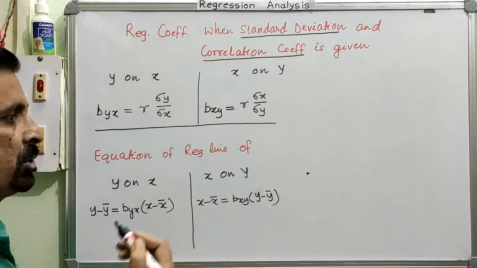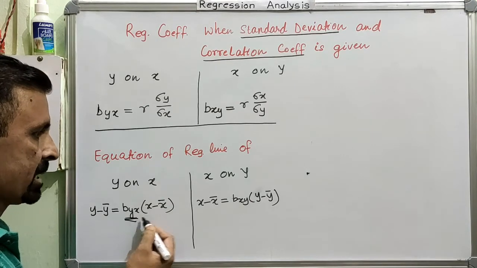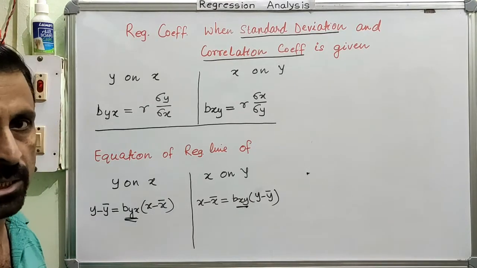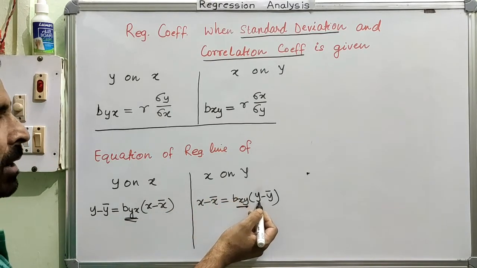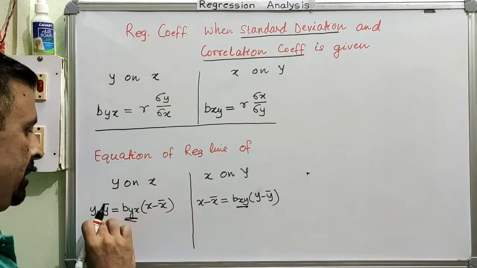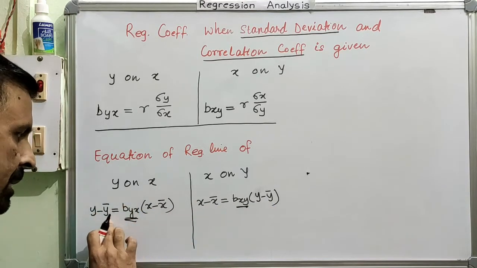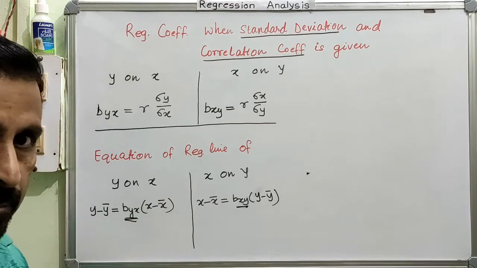This is the same formula which you have seen before. Only the method of calculating byx and bxy has changed. Everything else is the same. The y mean and x mean need to be calculated, or if given in the question, it is well and good.